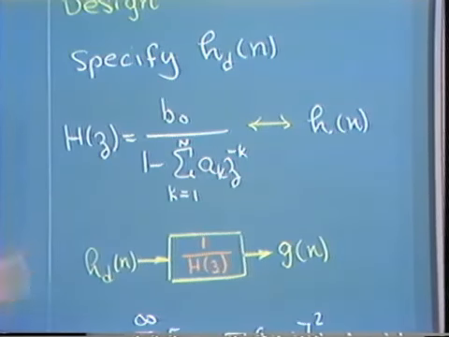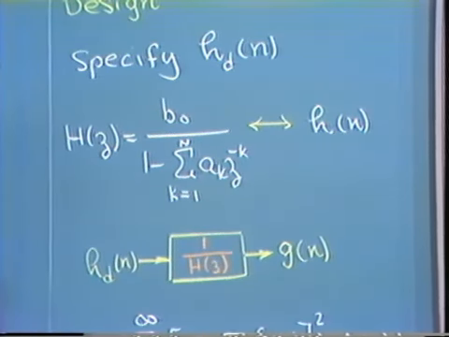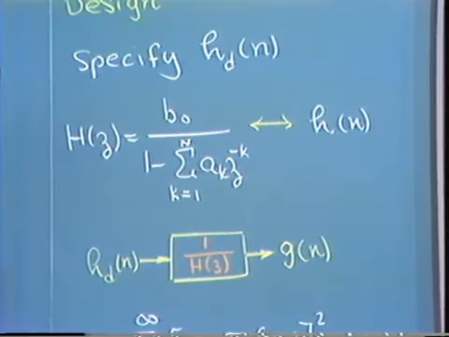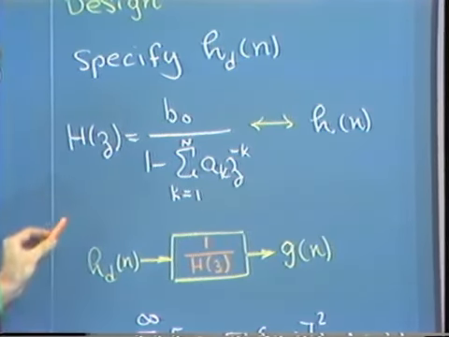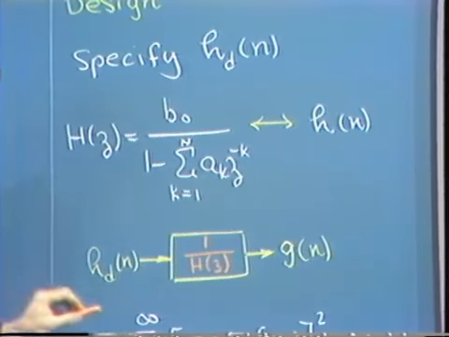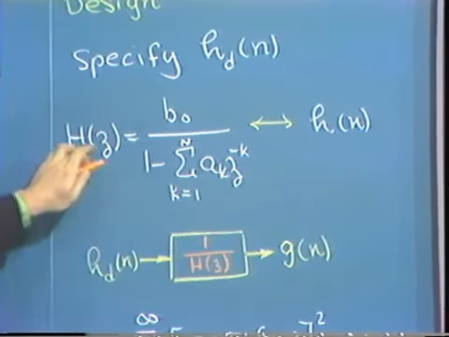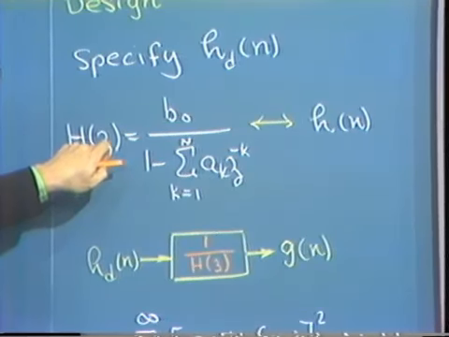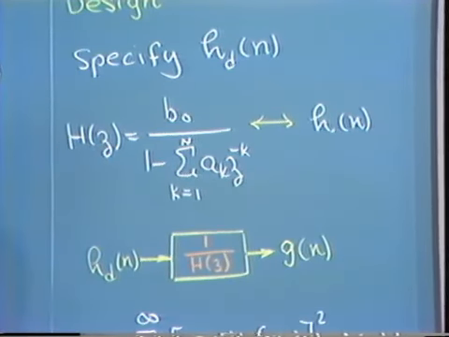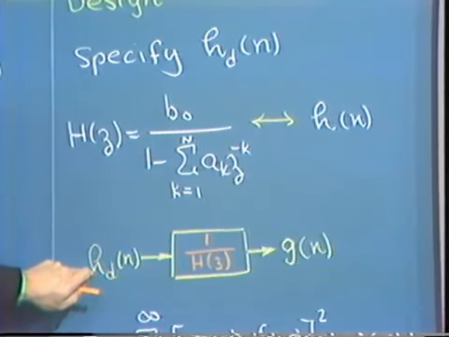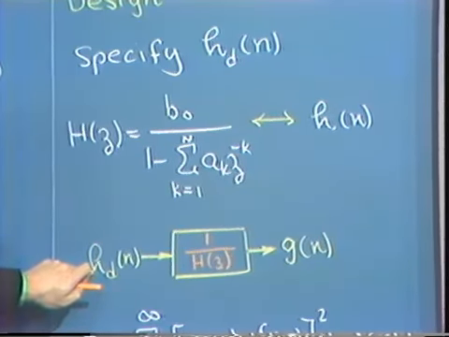Well, it turns out, and I don't want to elaborate on the details, but basically the way this procedure is set up is to consider a system whose system function is the inverse of H(z), so that system is an all-zero system, and then choose as an input to that system the desired unit sample response.